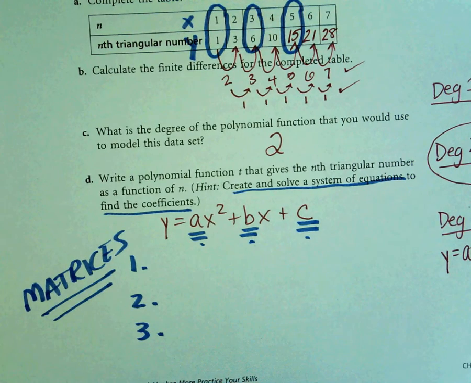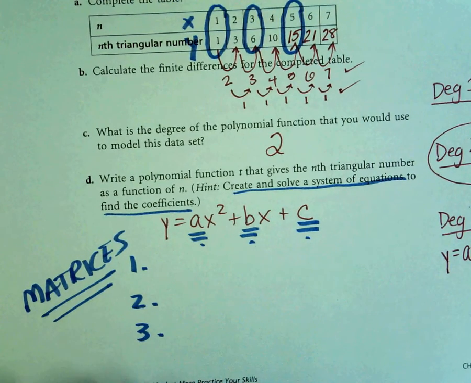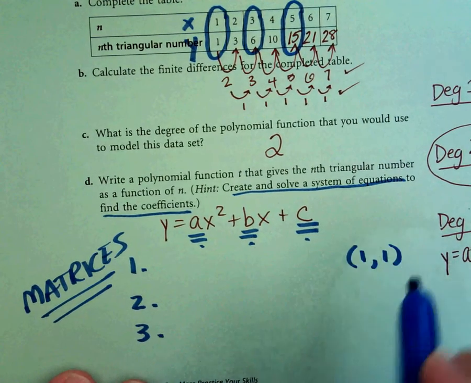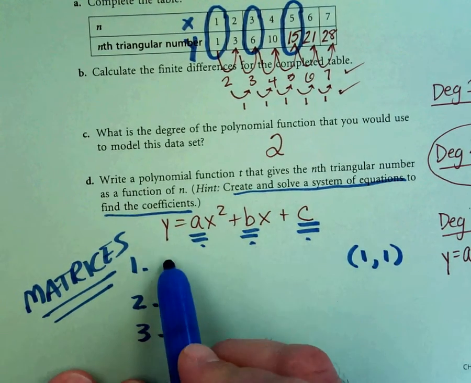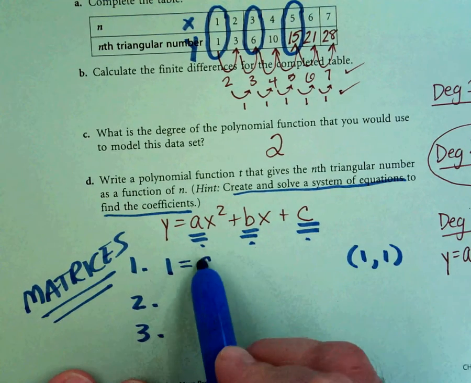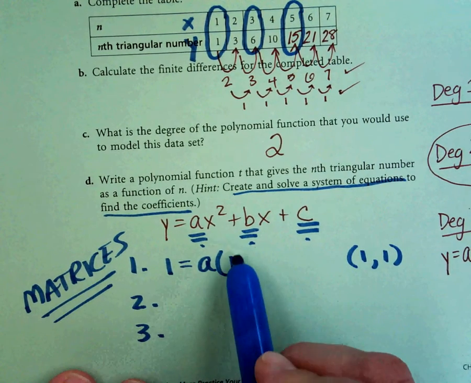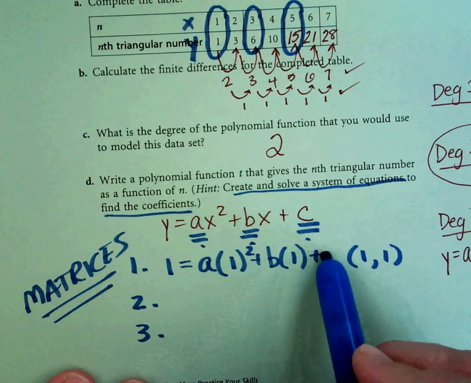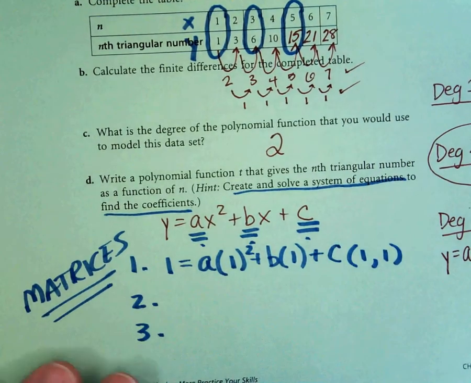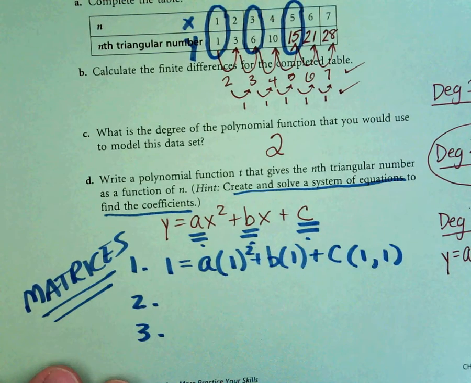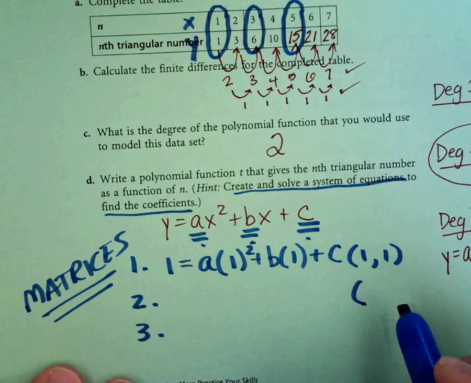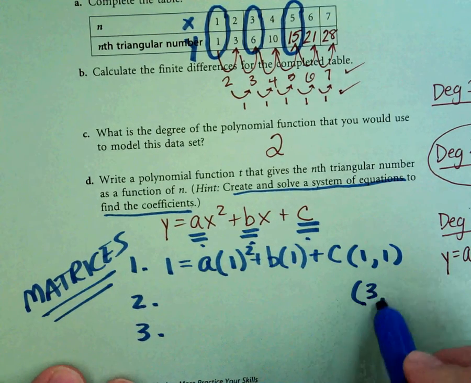So here we go. First, you're going to use 1, 1, and remember, we're putting in 1, 1. So 1 goes in place of y. A we don't know. X is 1. We don't know A, B, or C. I'll get to a side note in a moment. The next point we're going to use is 3, 6.